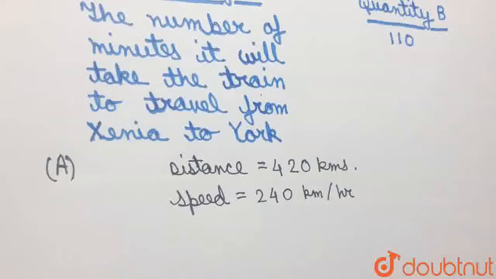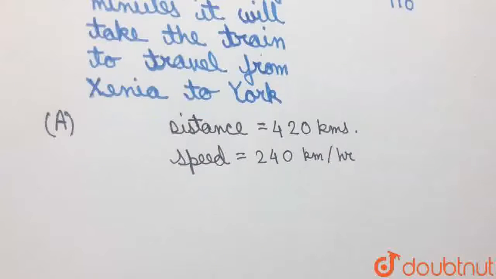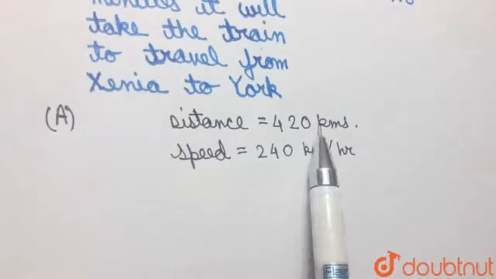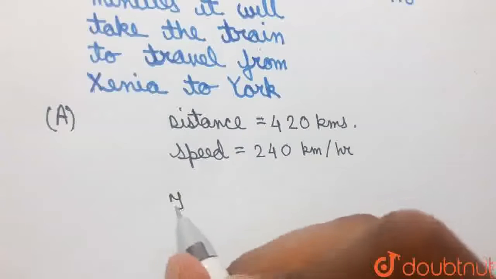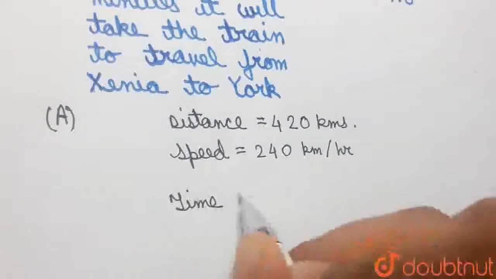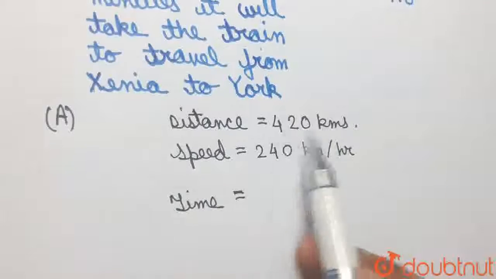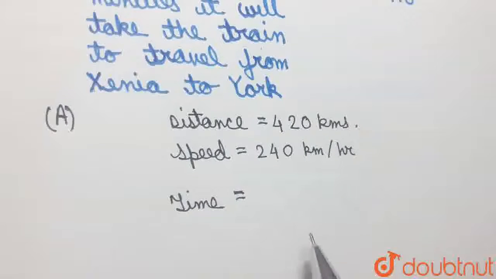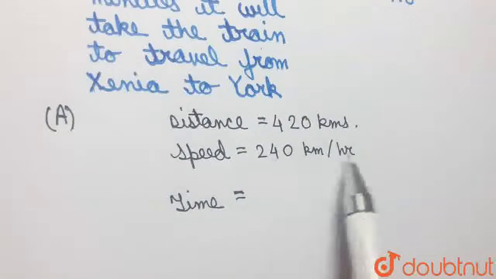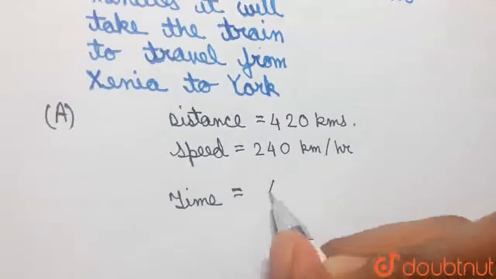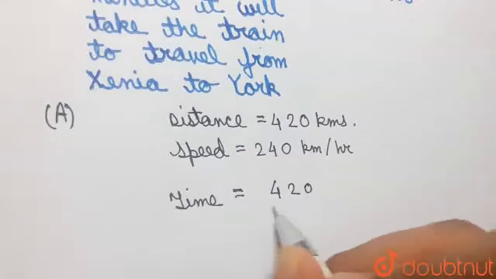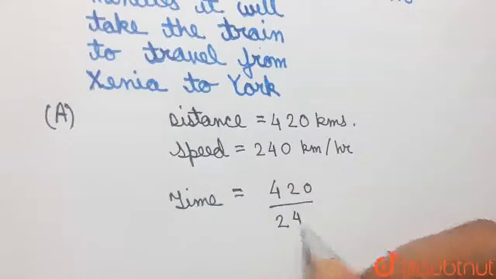So the time that the bullet train will take to go from Xenia to York will be given by distance by speed. The time that the bullet train will take to cover 420 kilometers, that is the distance between Xenia and York, at a speed of 240 kilometers per hour will be given by 420 divided by 240.